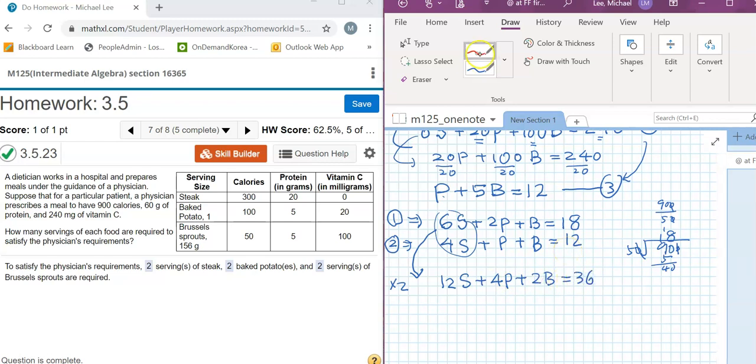And then I'm going to multiply the other one by negative 3: negative 12S minus 3P minus 3B equals negative 36.